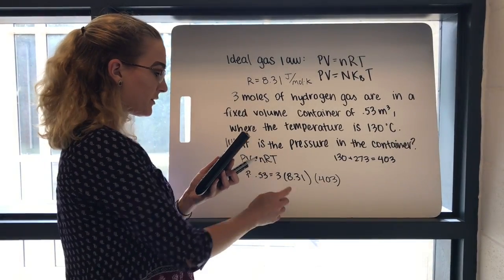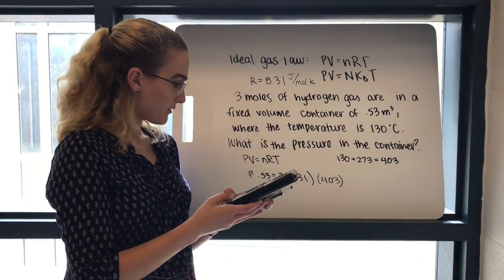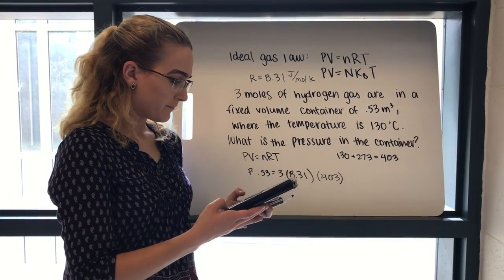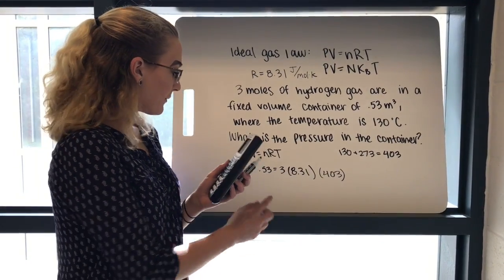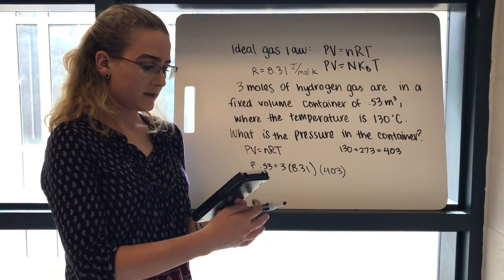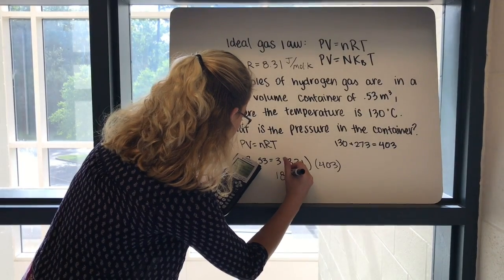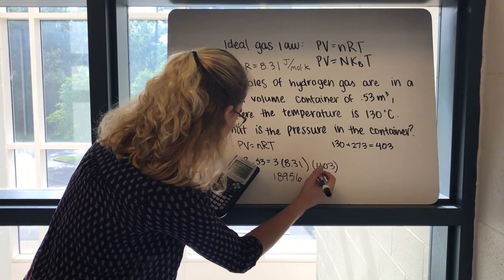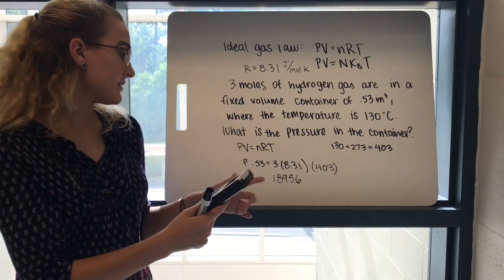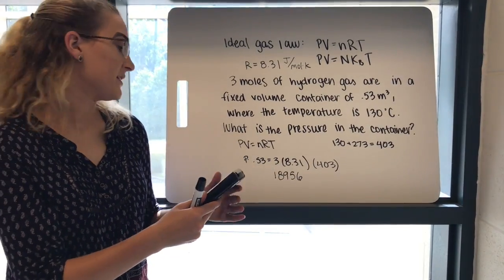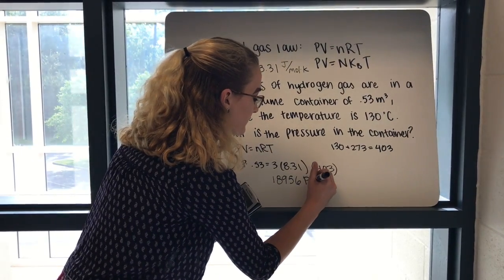So we're going to do 3 times 8.31 times 403 divided by 0.53. And our pressure is going to be 18,956 pascals.